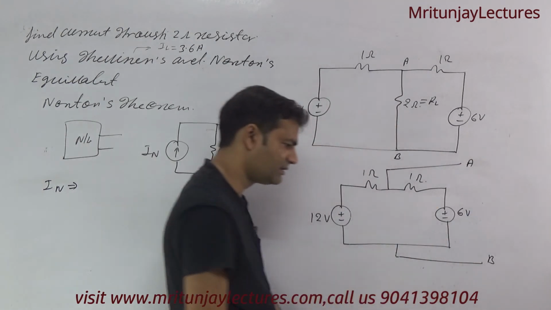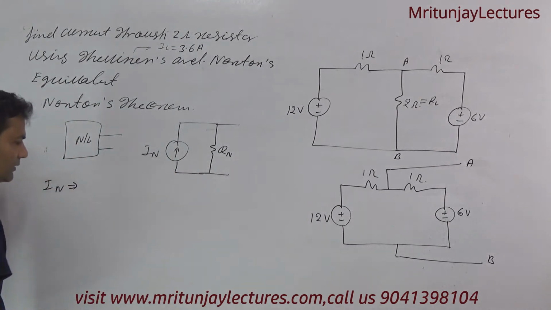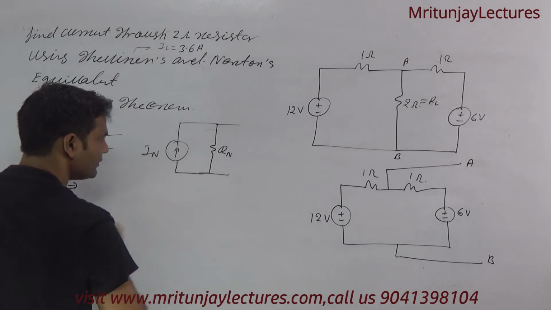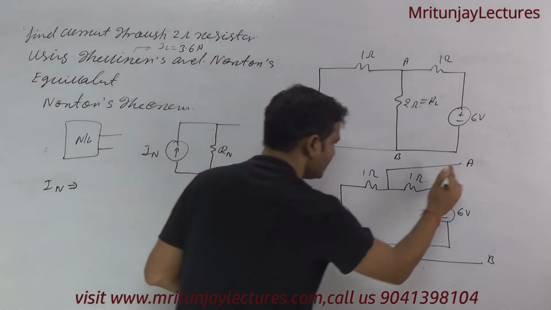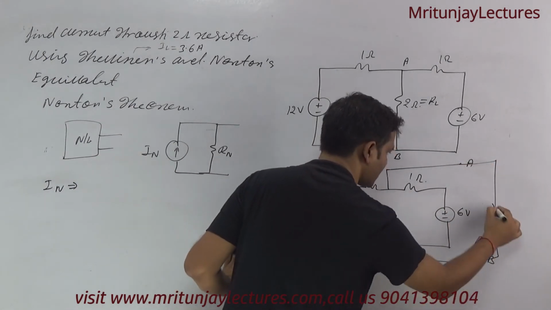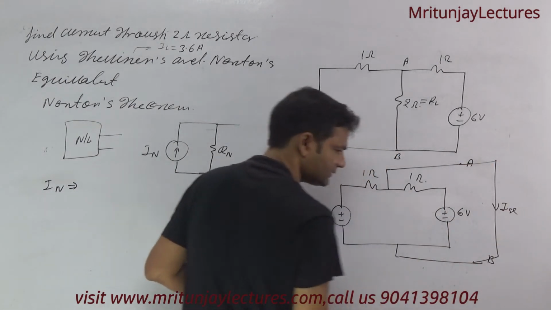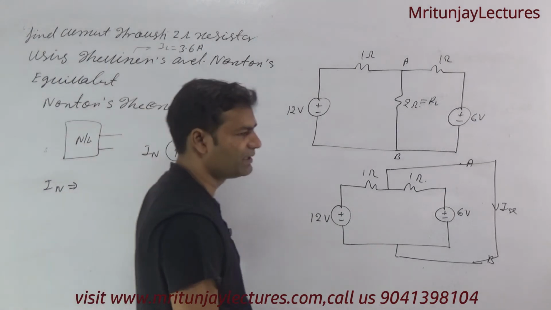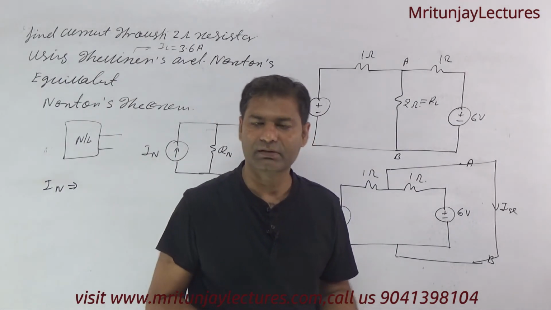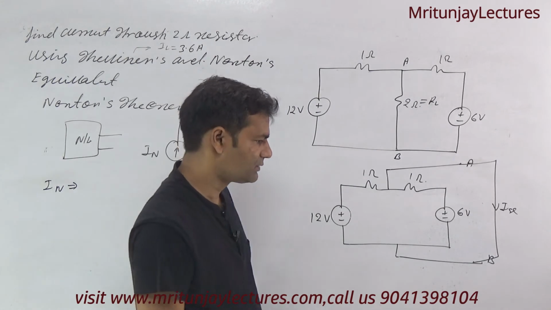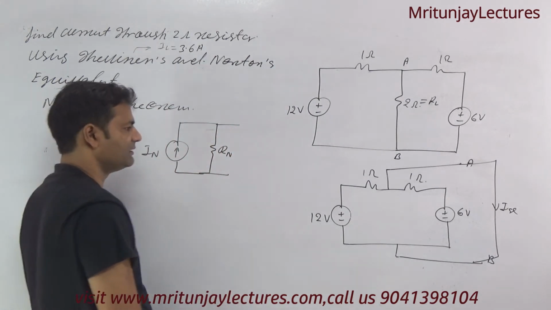I have already discussed this in Norton theorem. So if this one is short circuited, that is ISC. Clear? Our motto is to determine ISC. ISC is equal to IN. So if you determine ISC, then it is IN.